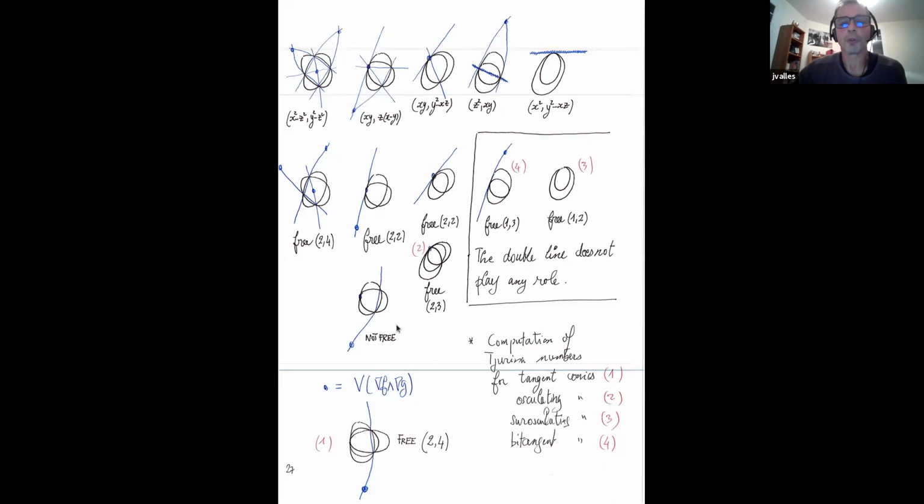Do you see the mouse or no? Yes, okay. So this one is not free because we do not pass enough through this point in some sense. But this one is free.